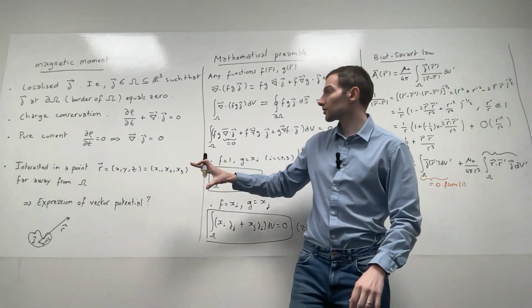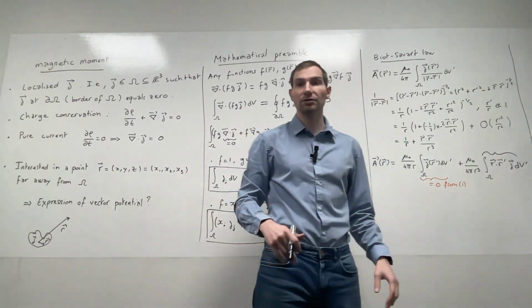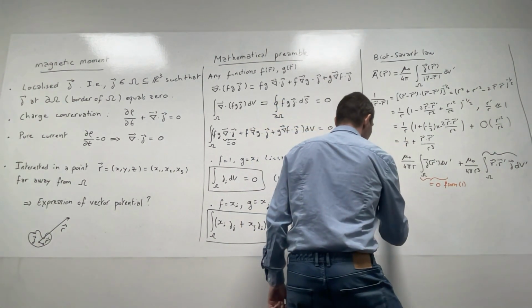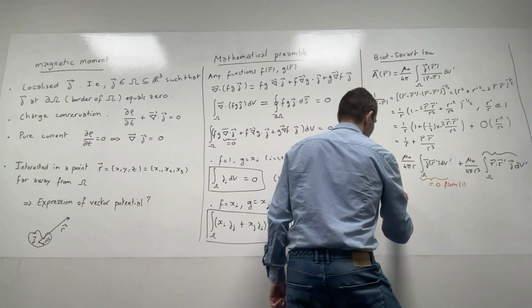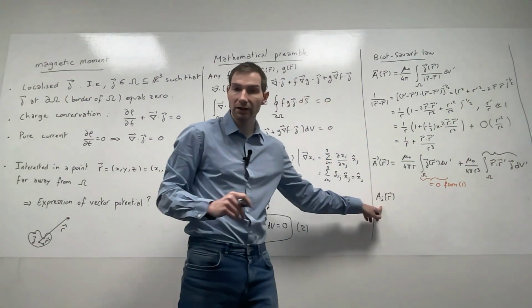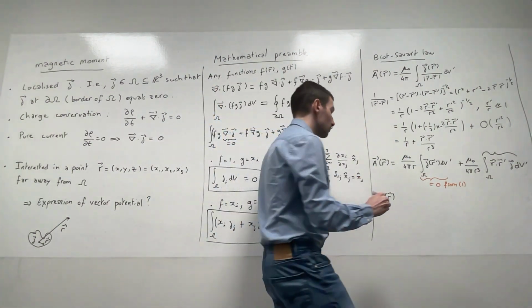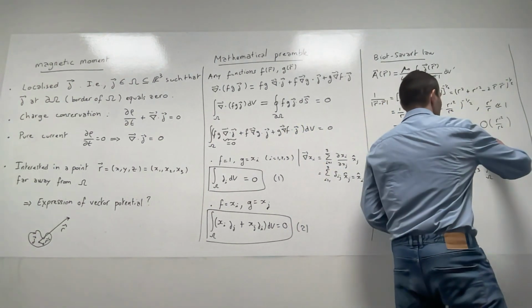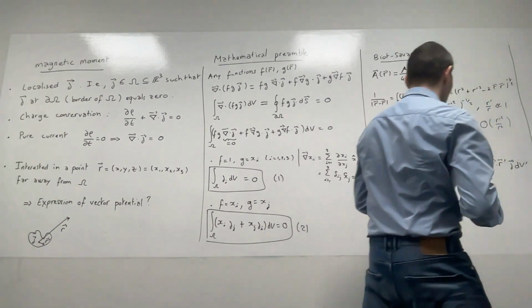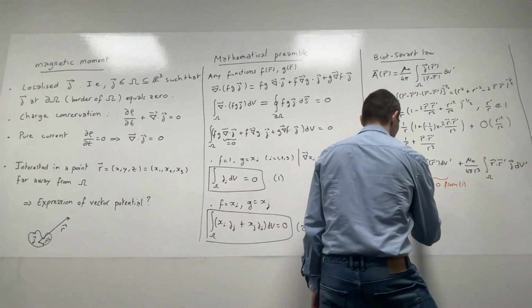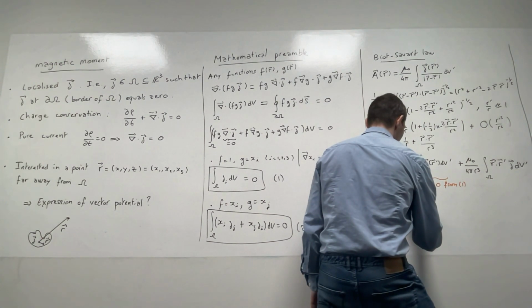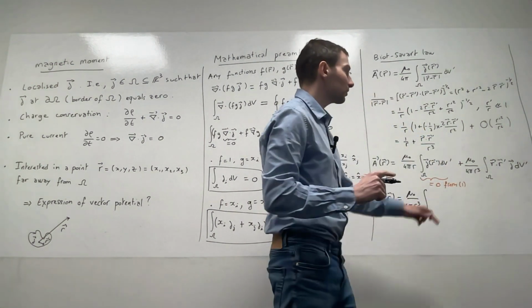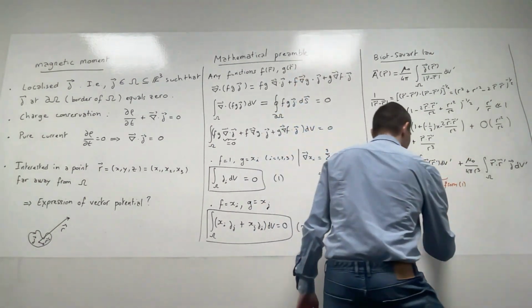Now, of course, I will need at some point to erase on that side to continue the calculation. But what's going to happen is that I'm going to look at the ith component, so a_i of r. So I'm looking at the ith component of a, and that's going to be equal to, before I actually do that, the ith component is going to be mu naught over 4 pi r cubed, and then the integral, and I'm simply writing here the scalar product completely.